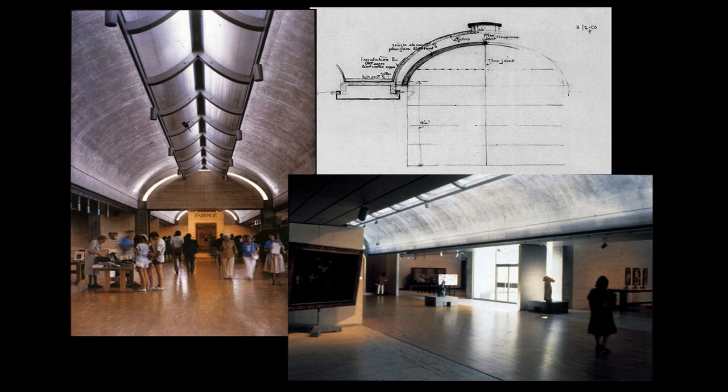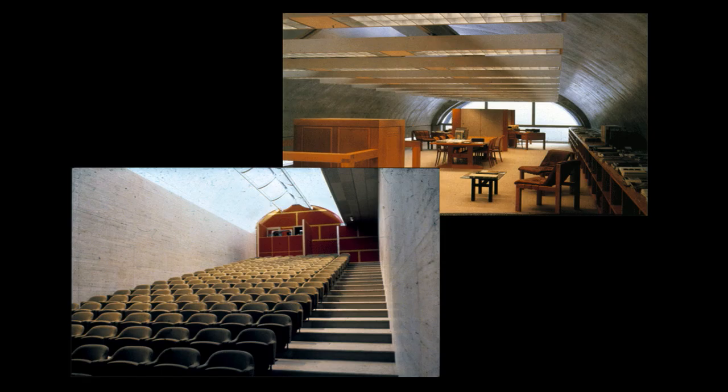And again, he's taking advantage of it. This is transitional space, but this is also a place to feed some of the utilities through. And so a lot of the air handling and the lighting and the electrical is in that ceiling that is between these vault-like units.